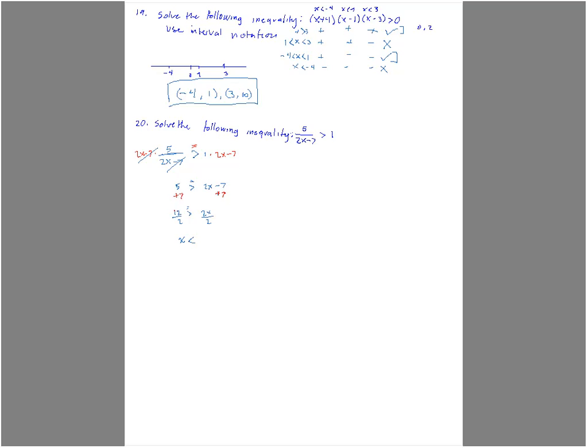So x is less than 12 divided by 2, which is just 6. And so that is our solution. And we'll go ahead and write this in interval notation. So from 6 exclusive, oh, hang on, x is less than 6. So it's actually from negative infinity to positive 6 exclusive. And that is our solution.